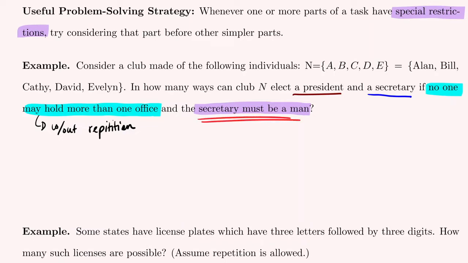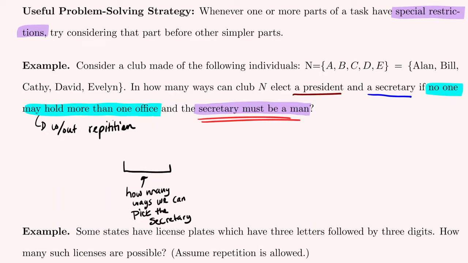So in order to help me visually focus on what's going on, I like to draw these little brackets, and that helps me focus. This is this decision, and I always label what I'm looking at. So this is how many ways we can pick the secretary.